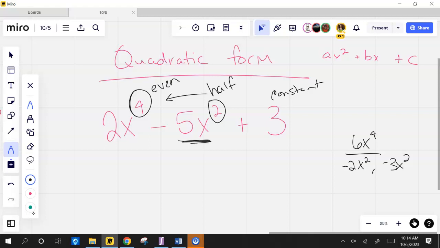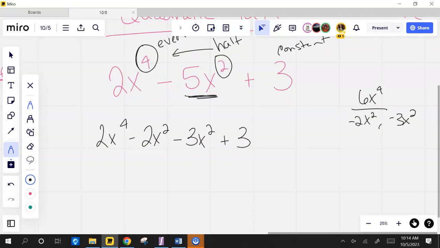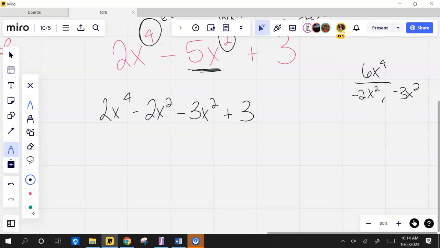So now I'm going to fill it in just like I did with a regular old quadratic. 2x to the 4th minus 2x squared minus 3x squared plus 3. Not just 2x, but 2x squared.